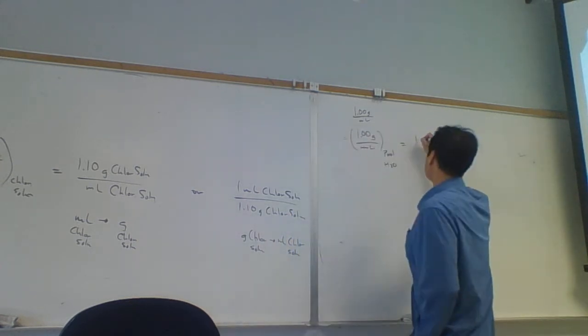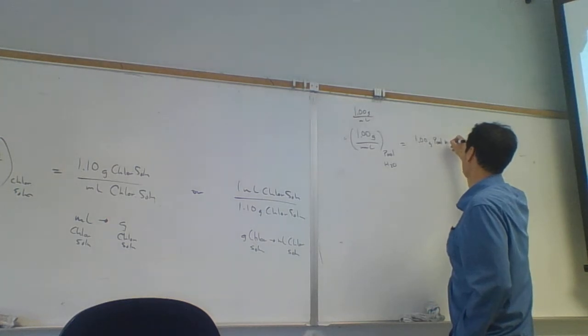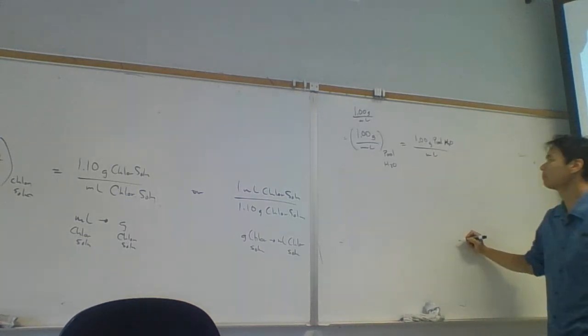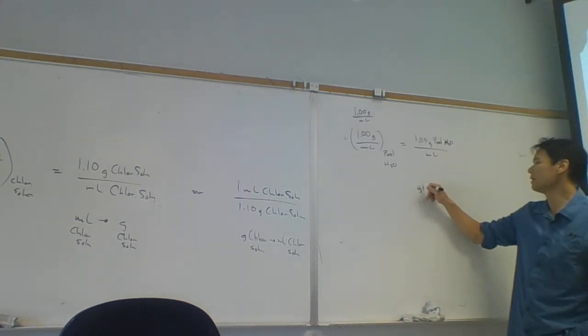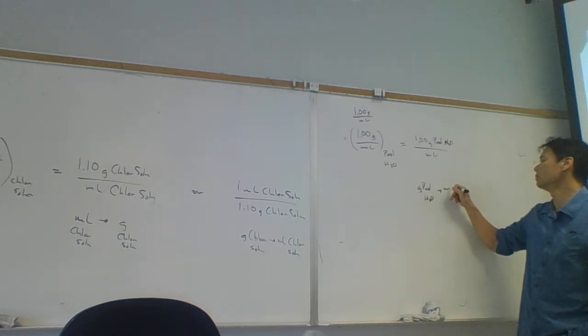So what that means is that for every 1.00 grams of pool water, let's write H2O, we'd have a milliliter's worth. And so this one would go from grams of pool water to milliliters of pool water.